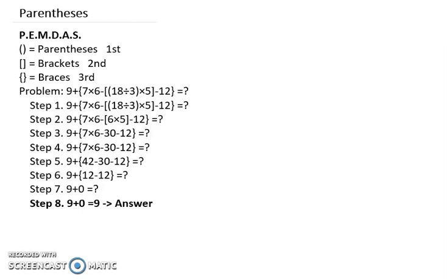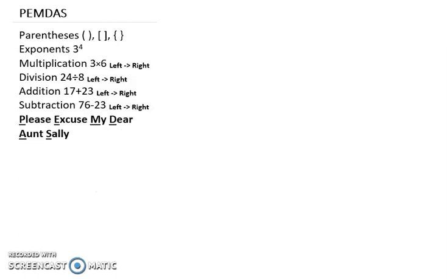In parentheses and brackets, you only had one operation to do. When I say one problem, I mean specifically one thing: 6 times 5, 18 divided by 3. But in here, you have multiple symbols, so that means you have multiple steps. In PEMDAS, M for multiplication comes after E for exponents.